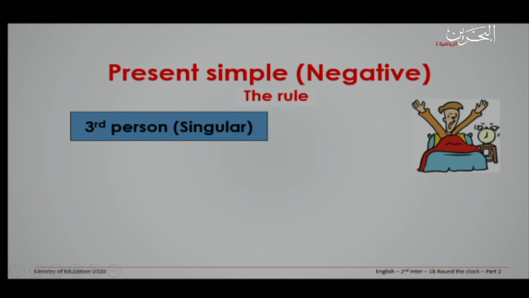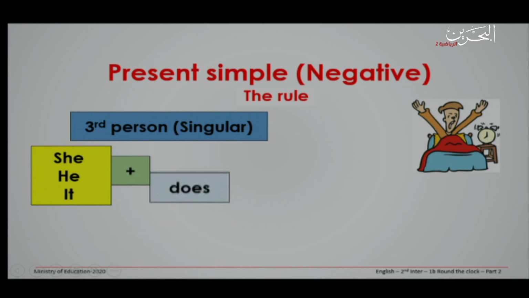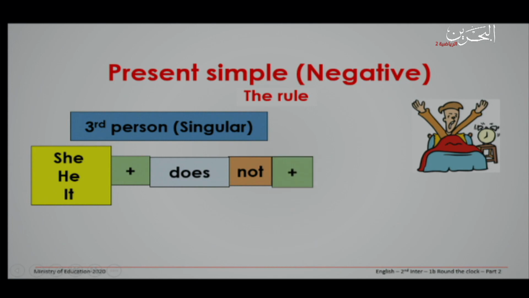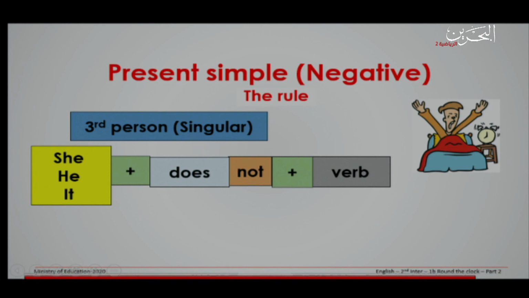How can we form the present simple in negative sentences? In the case for third person singular, the pronouns she, he, and it are followed by does, not, plus the verb without s.